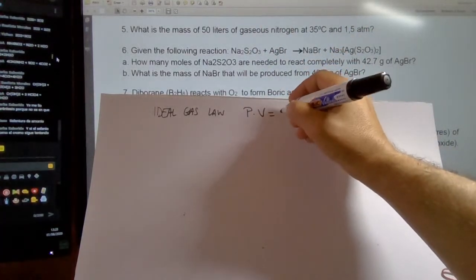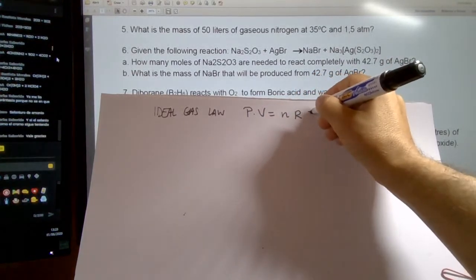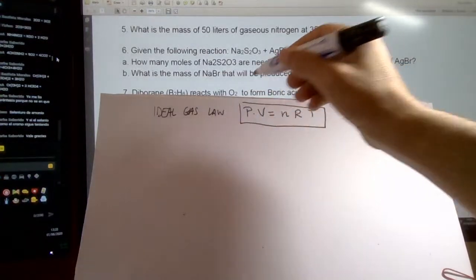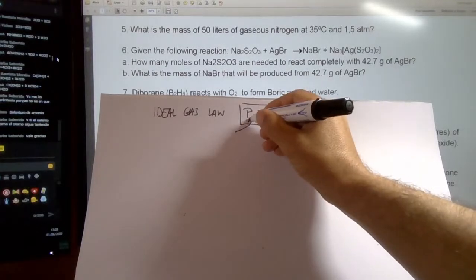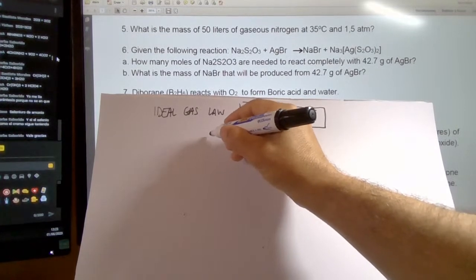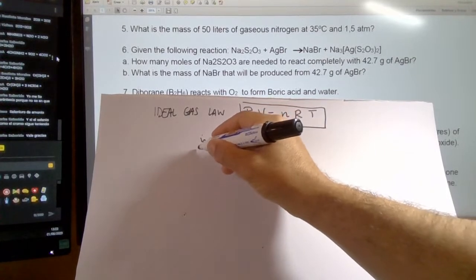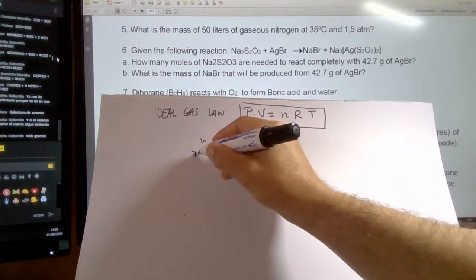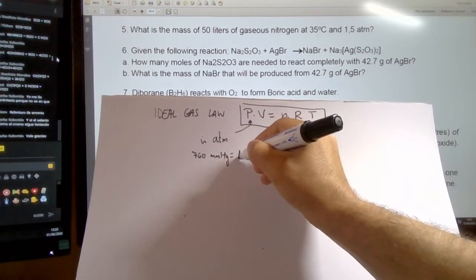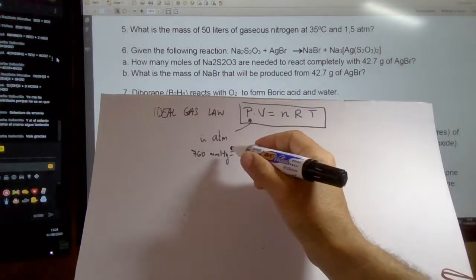Ideal gas law. P, pressure and volume equal to N, R, T. Okay? Pressure in atmospheres. And remember, another unit for pressure in chemistry is millimeters of mercury.